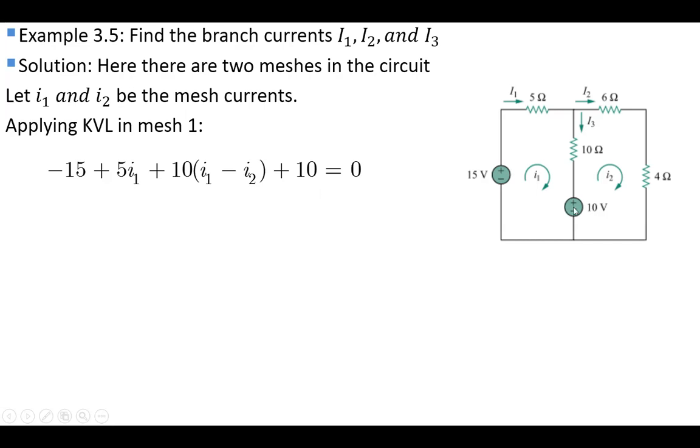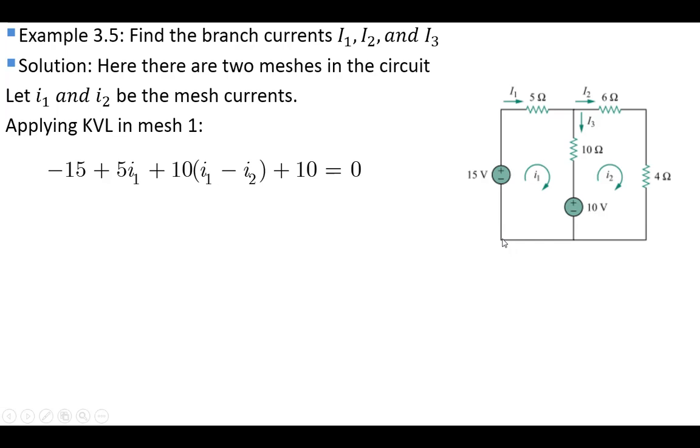Okay, next we will be handling the 10 volt battery. When we are encountering the 10 volt battery, you can see that the first polarity that we are encountering here is plus, so that is why this is plus 10.